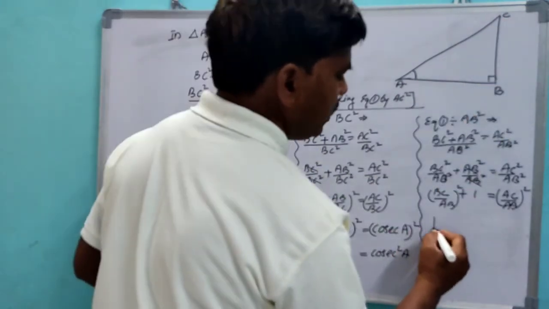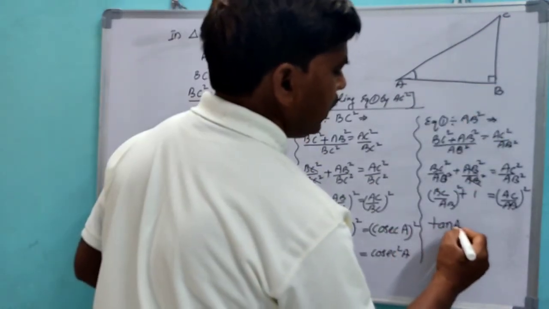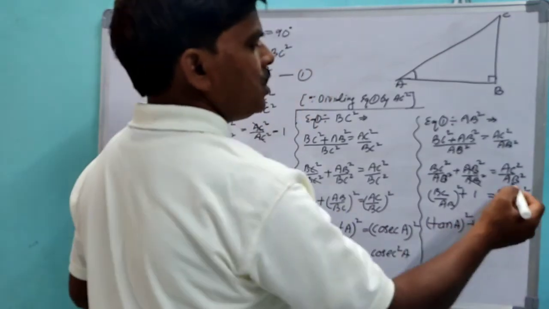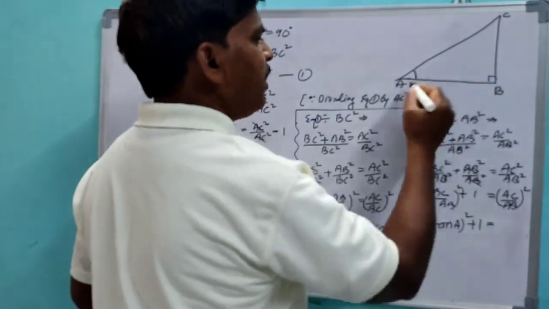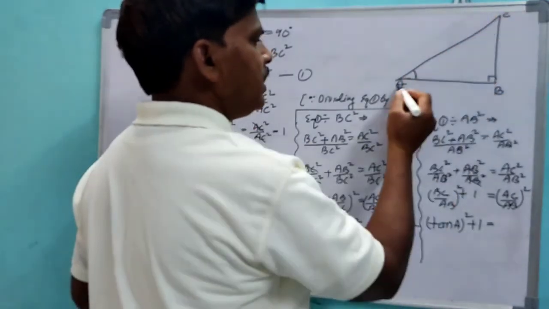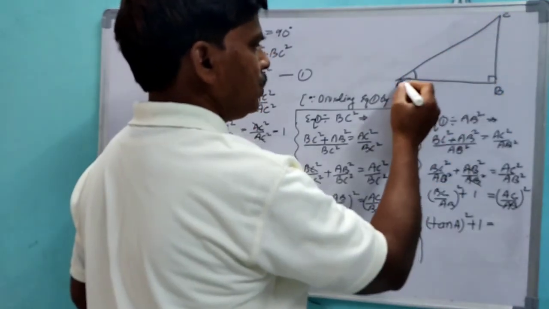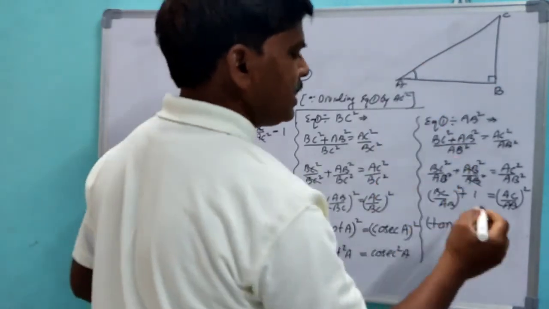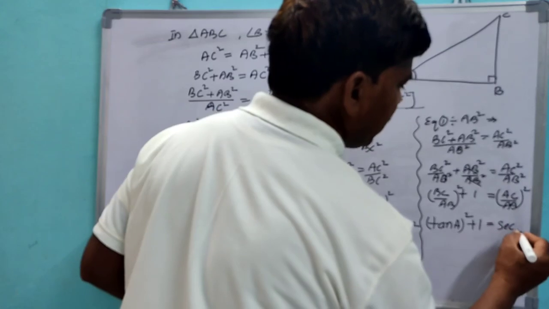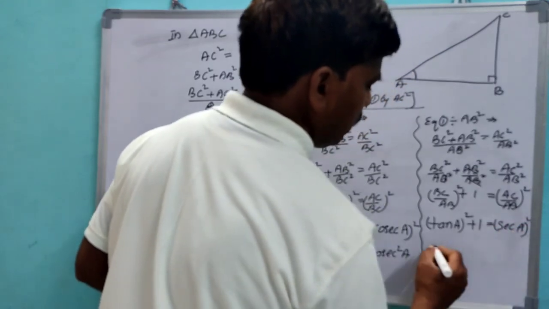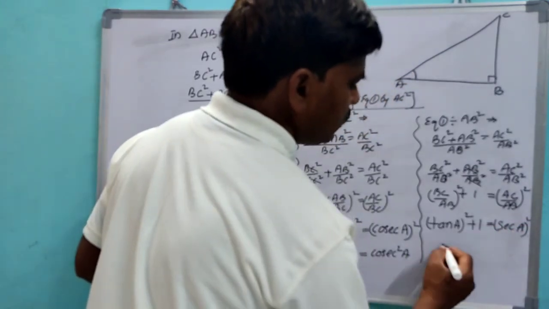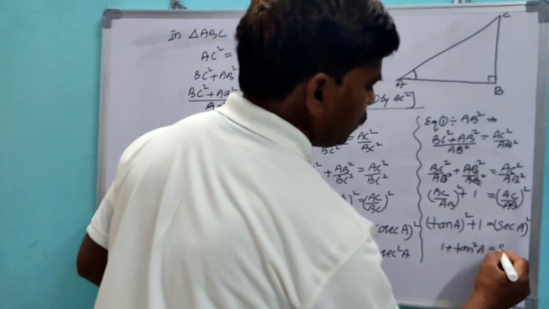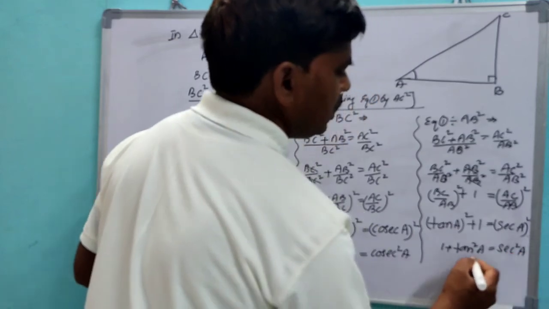So tan A whole square plus 1 is equal to AC by AB. This is hypotenuse and this is adjacent to this angle. So the ratio between hypotenuse and adjacent is sec A whole square. We can rearrange this: 1 plus tan square A is equal to sec square A. So this is the third identity.